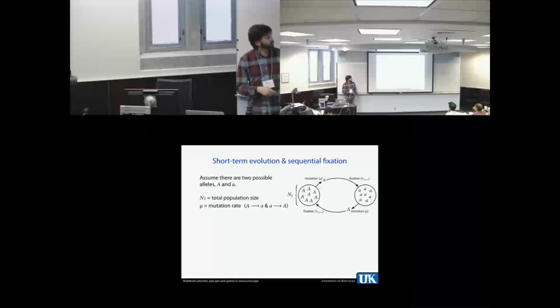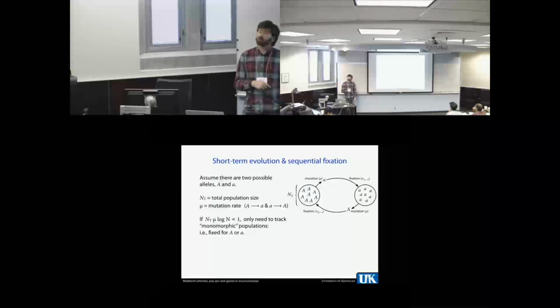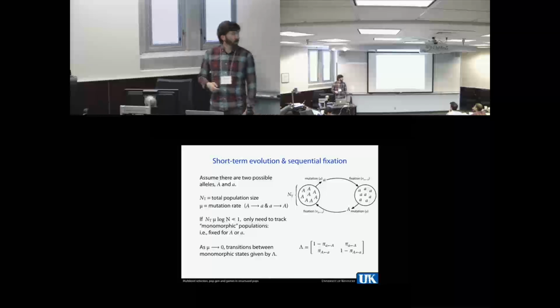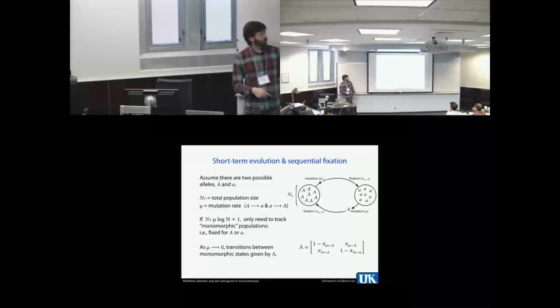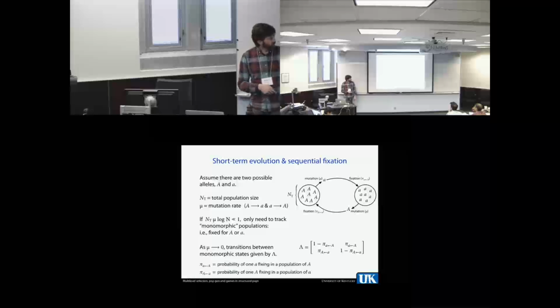So again, you're having this process of mutation and then potentially fixation to switch the population to the alternative type. As long as this approximation holds, you only need to track the fraction of time that the population is in either the state with all individuals of big A, or the state with all individuals of little a. The way we can do this is to set up a small transition matrix, where the entries are these fixation probabilities.